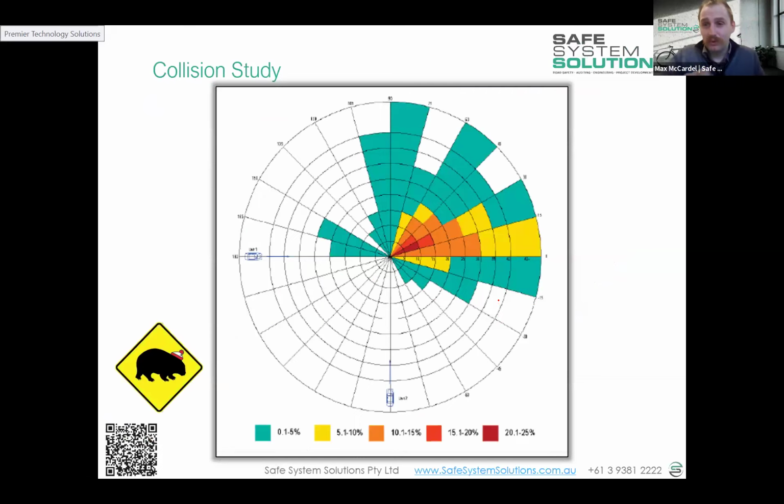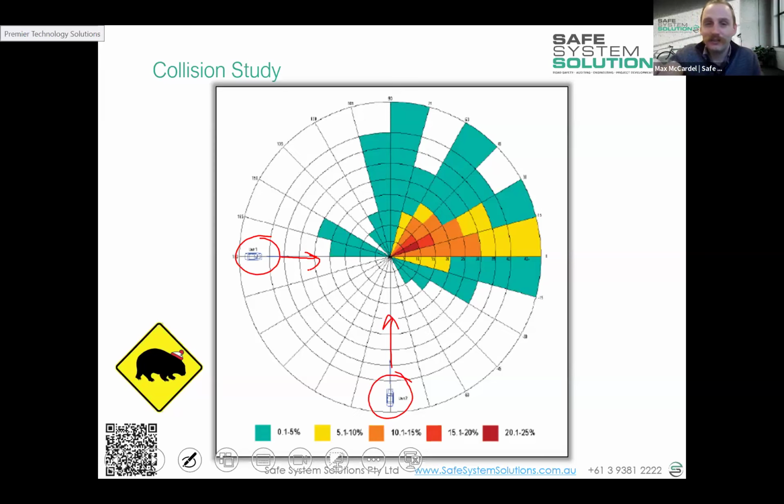And what it kind of discovered was, if you've got a vehicle at the bottom of the screen there and it's heading towards an intersection like that, you've got another vehicle heading towards an intersection like that, and they are colliding at the intersection, what this diagram is showing is where those secondary collisions tend to occur.